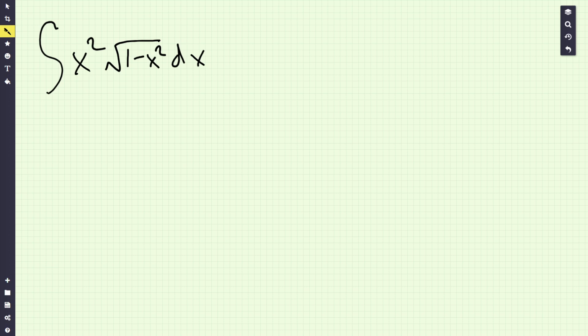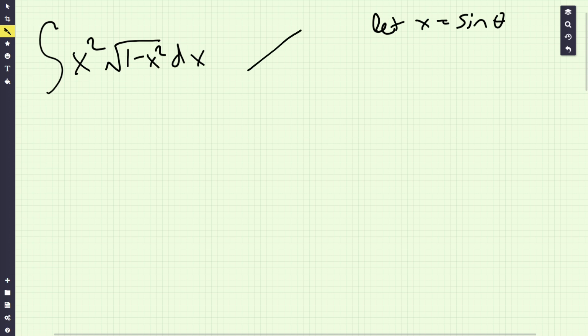So what we can do is let x equal sine theta. So that would mean if we draw a triangle here, x, and then we'll have 1 here. By the Pythagorean theorem, this is going to be the square root of 1 minus x squared.